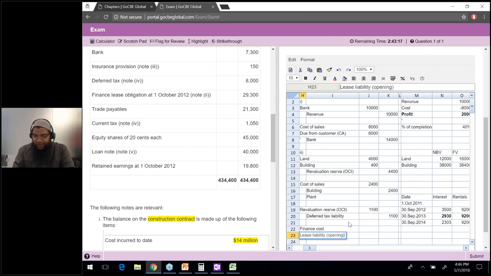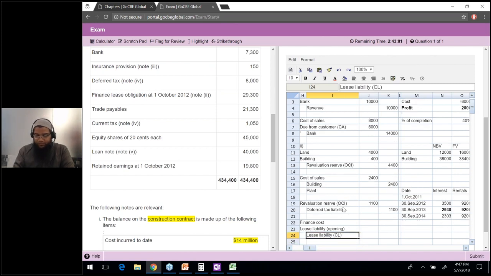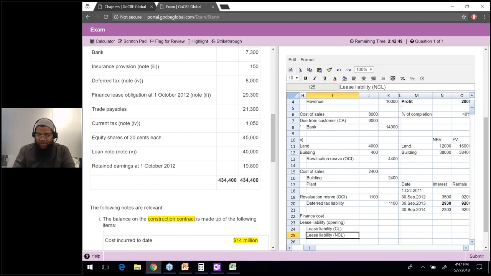We are actually debiting that so that that gets eliminated, and instead we are going to record our own lease liability as current and non-current. And we have paid some rentals during the year from the bank.